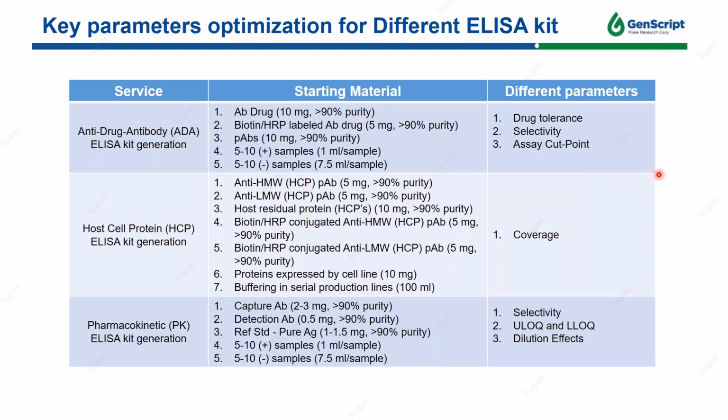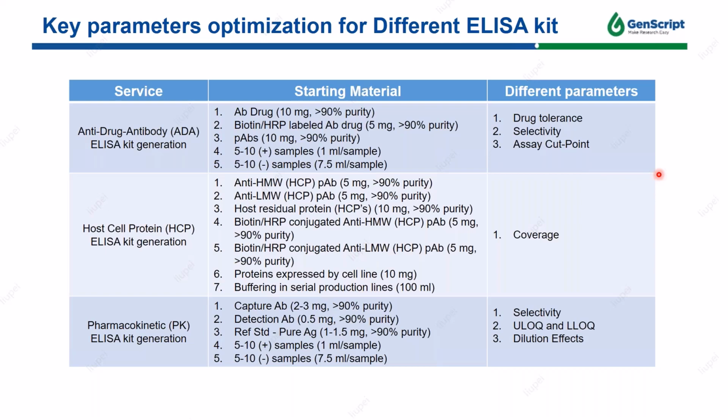So detection of the ADA formation is highly dependent on the sensitivity and the specificity and the drug tolerance level of the assay. Also, the assay cut point is the level of the response of the assay that defines the sample response as positive or negative.